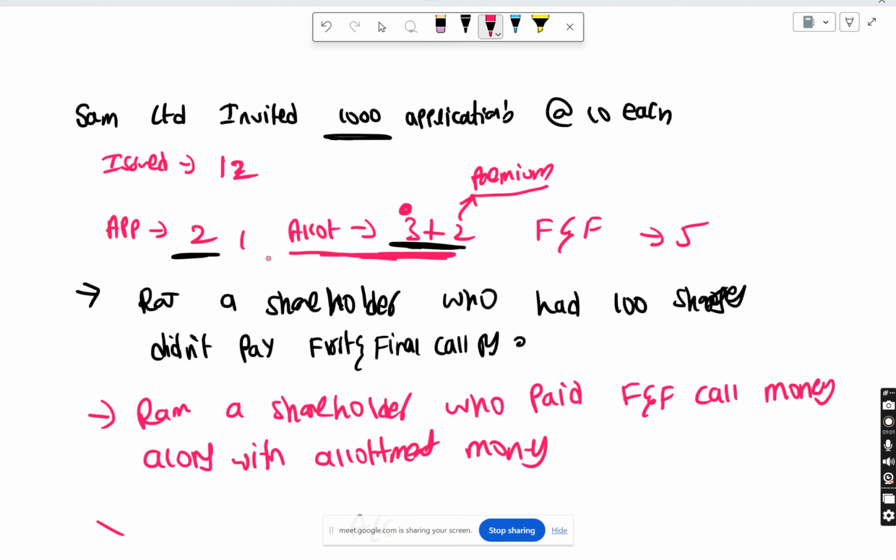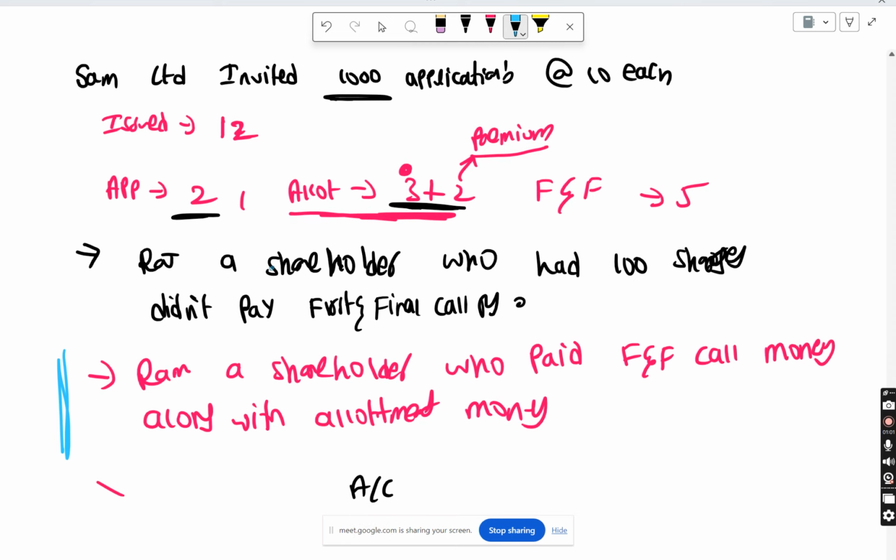Everything else is the same. Application money has no effect, so leave that. You tell from the allotment.